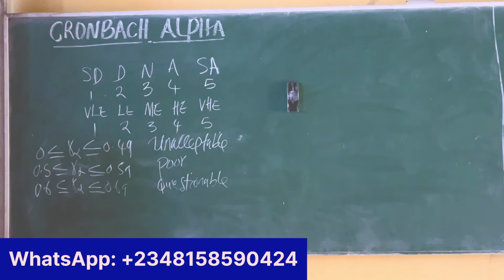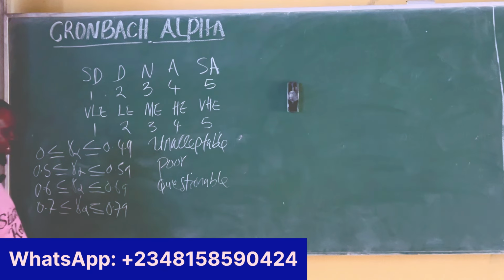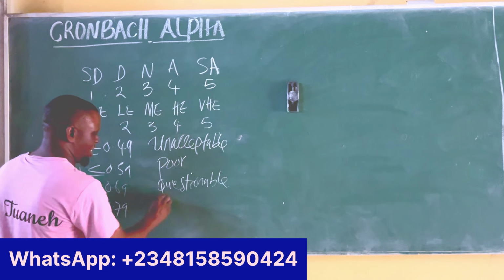And now when the value of our Cronbach Alpha is between 0.7 to 0.79, our conclusion is that the measurement scale is what? Acceptable.